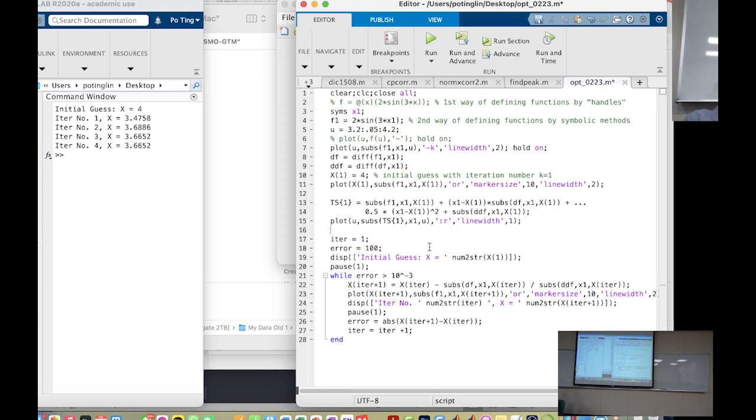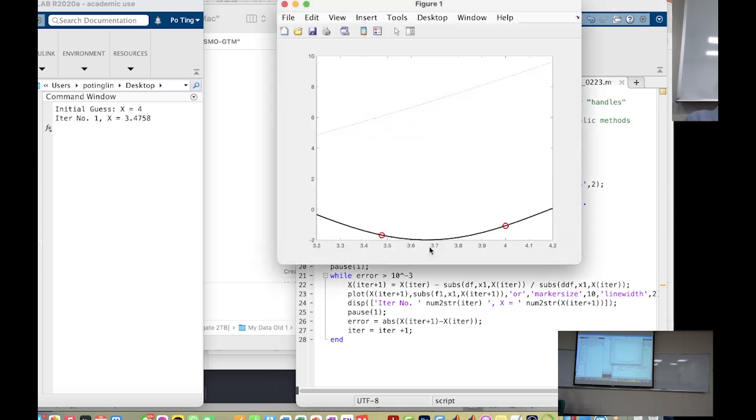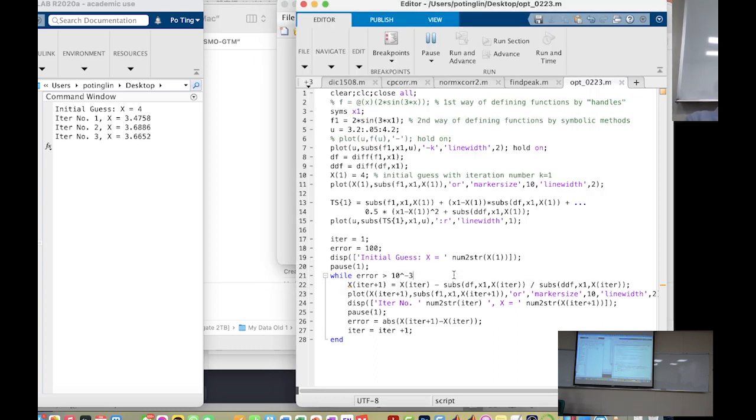Let's try this. Something's wrong. Taylor expansion F1. Is it F1? Yes. Initial guess here plus x1.